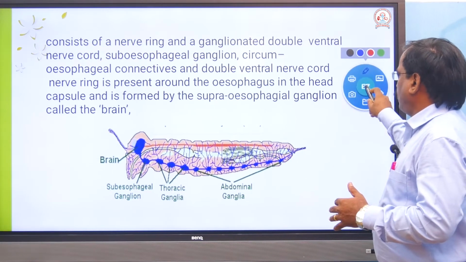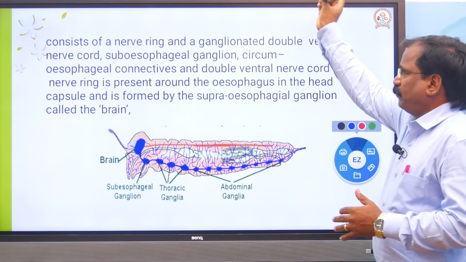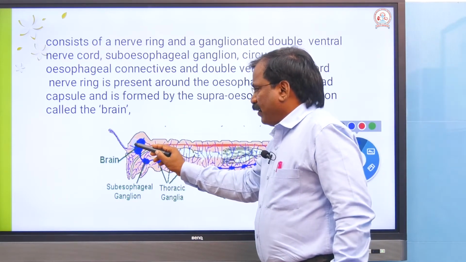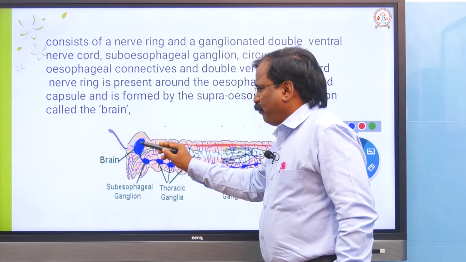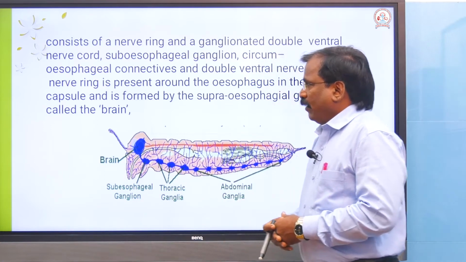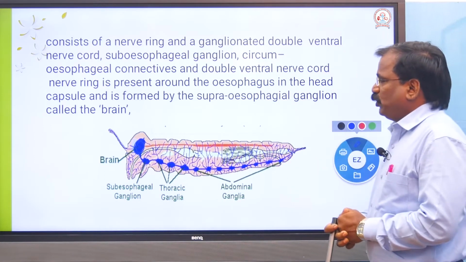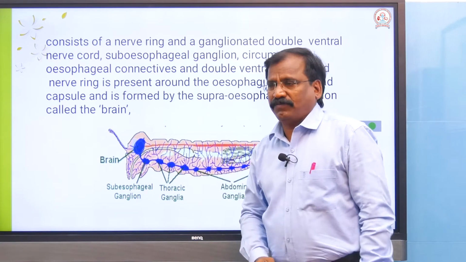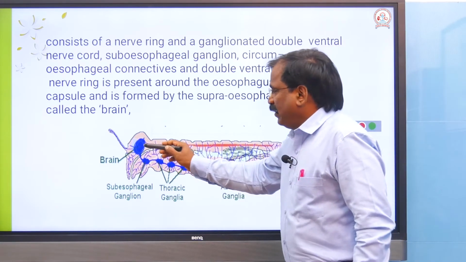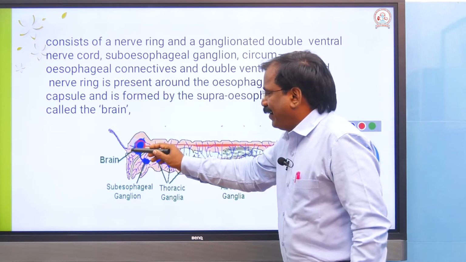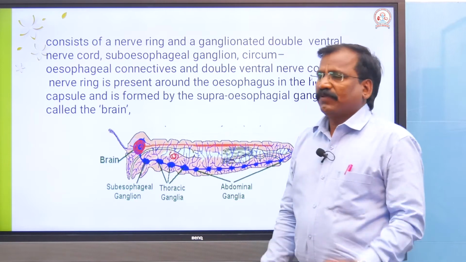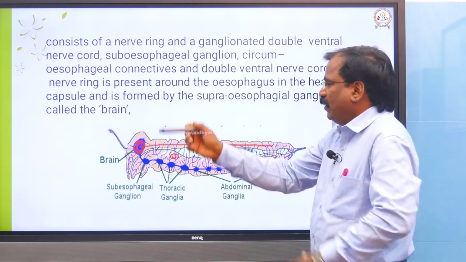The first component is the brain, which is situated above the esophagus. It is nothing but a collection of nervous tissue.